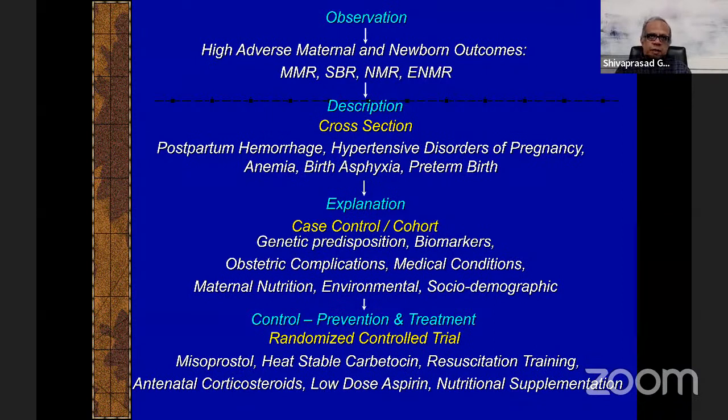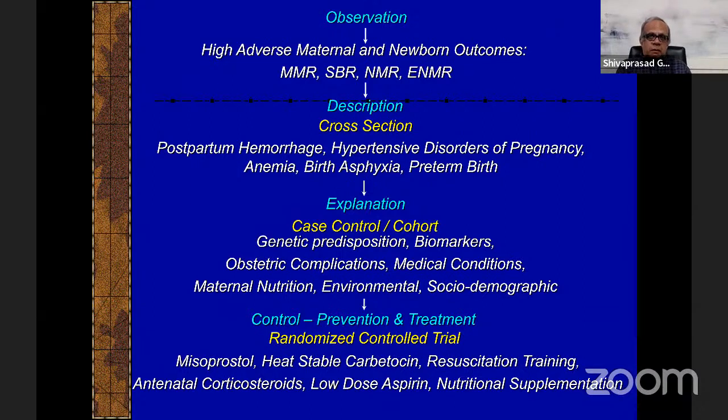It's an obstetric complication, and you need heat-stable uterotonics like misoprostol or carbetocin for prevention of postpartum hemorrhage. So there you see the logical flow in terms of how the research question evolves across this spectrum, starting with an observation and ultimately ending with an intervention study.